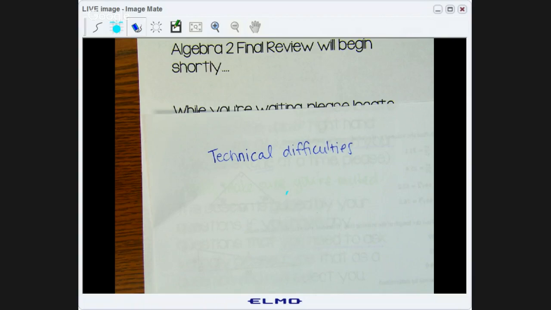Okay, until we figure this thing out, and I don't know why it's not doing what it's supposed to be doing, what questions do you guys want to start with on your review?